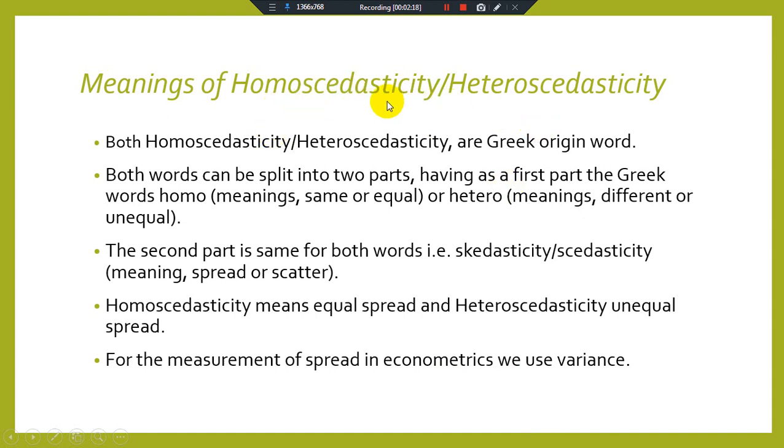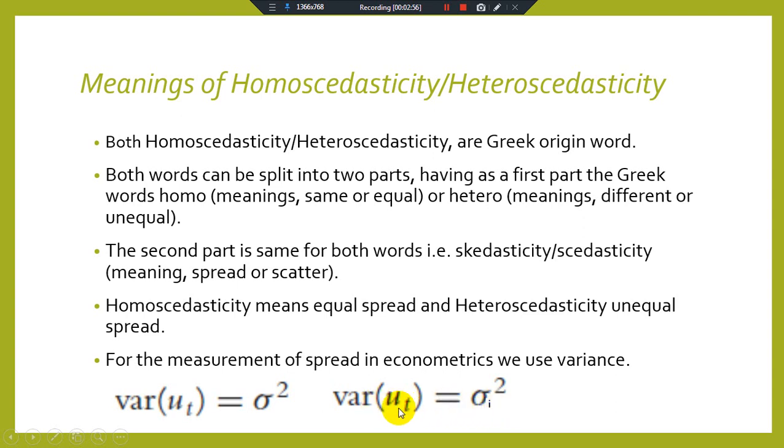Homoscedasticity means equal variance, and heteroscedasticity means unequal variance. For homoscedasticity we use the notation that the variance of the error term is sigma square, meaning the variance of the error term is constant. For heteroscedasticity, we don't use an unequal sign; we use a subscript i on sigma square.